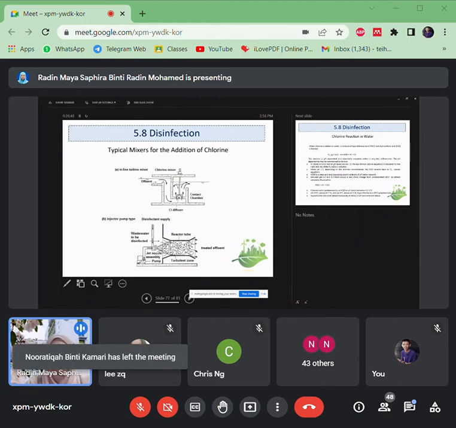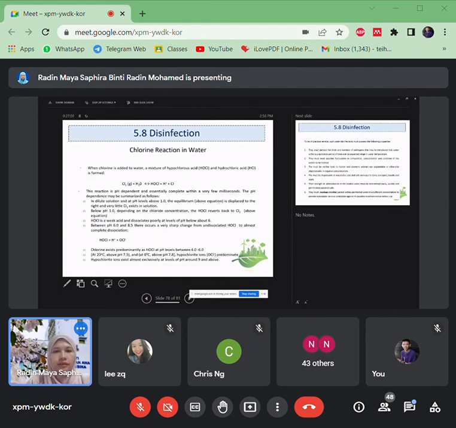a typical mixer for the addition of chlorine. Usually they have this inline turbine mixer for the chlorine mixing, like this one. They use a diffuser and also this disinfectant supply here. And this is the chlorine reaction in water, right?